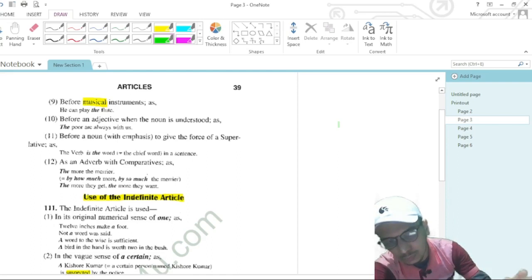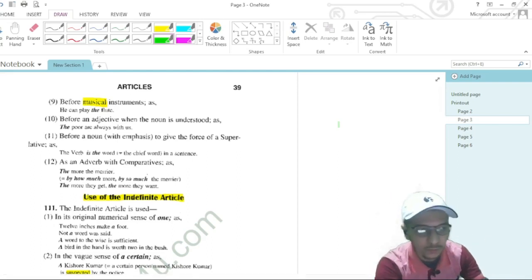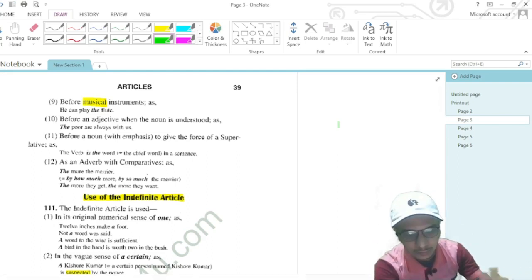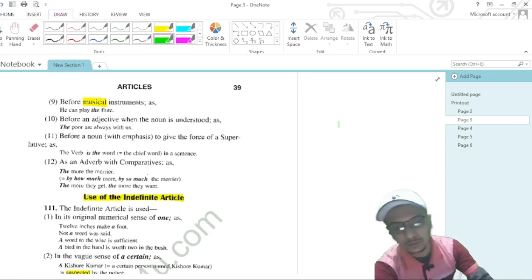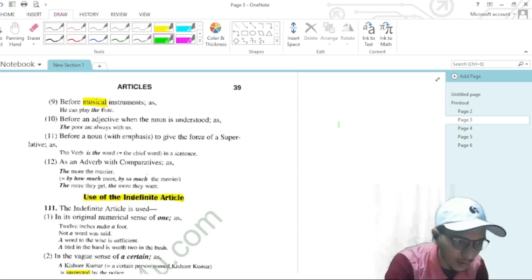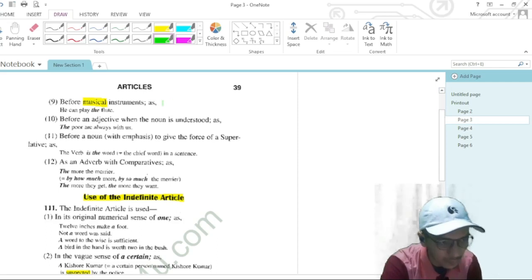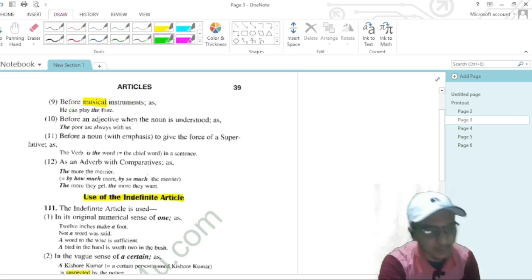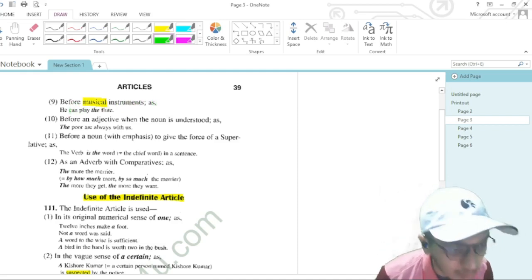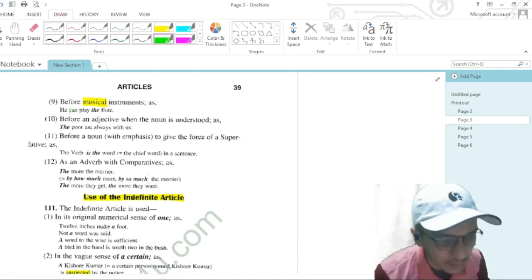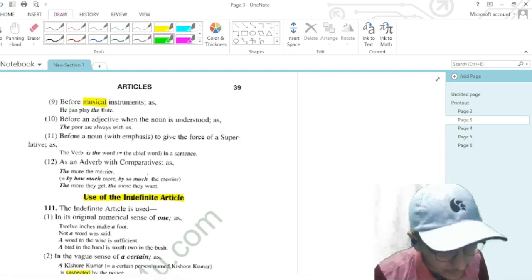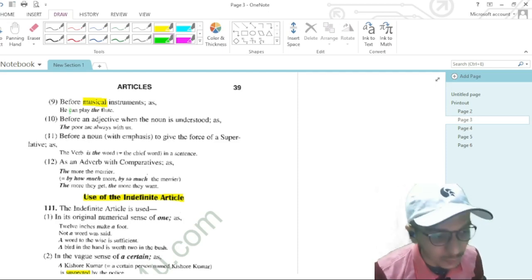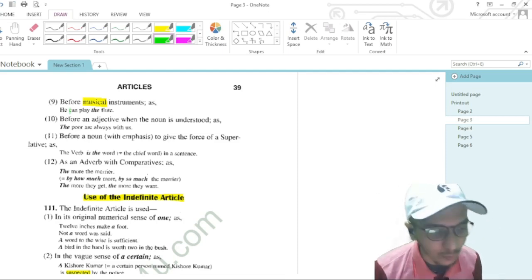The rules which I have read, all those rules are relating to the definite article. And so rule number 9: before musical instruments, as "He can play the flute." Before an adjective when the noun is understood, as "The poor are always with us."